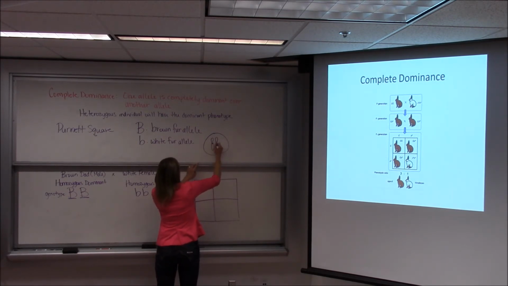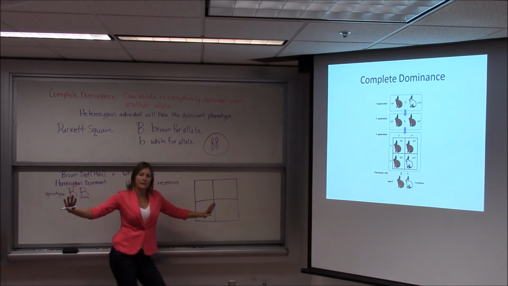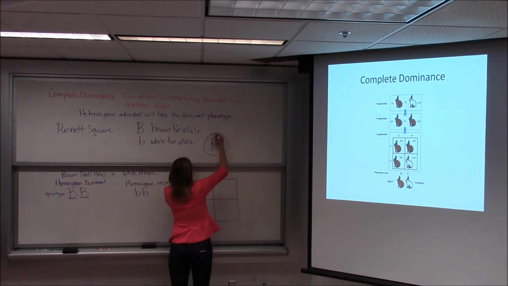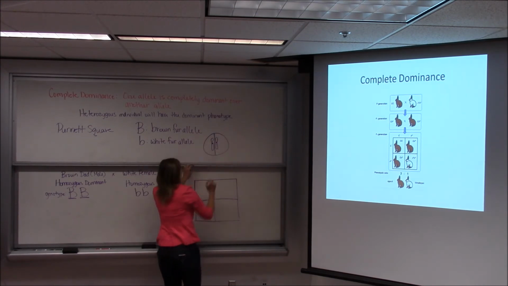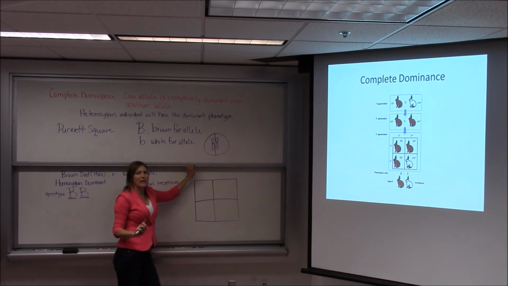And remember that when these go through meiosis, first thing they did was separate the homologous pair into two different cells, and now they're going to pull the sister chromatids apart. But by the time we're done, on average, 50% of the gametes are going to have one trait and 50% are going to have the other trait. Unless some get damaged along the way, whatever. But you're going to have 50% of your eggs having one allele and 50% having the other allele.